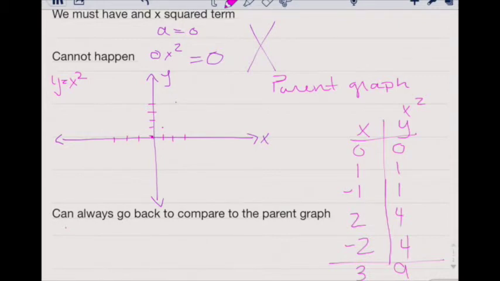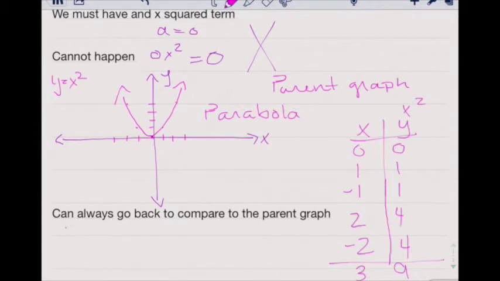And over here I have negative 1, 1, and I have negative 2, 4. If I connect these dots, I get a curved function that looks like this. This is technically what's known as a parabola. Parabolas are very useful in other math subjects and all the science subjects also.